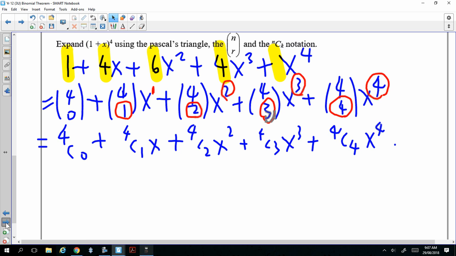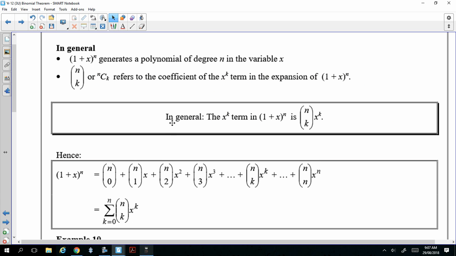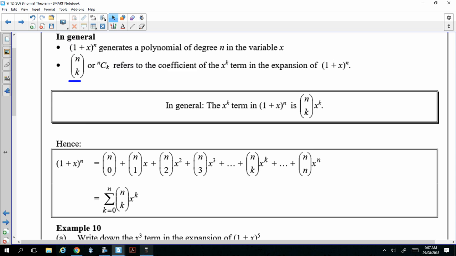Okay, in general, this generates a polynomial of degree n in the variable x. The nCk refers to the coefficients of x power k for this expansion. So in general, this refers to the x power k term. And now we'll have a general formula for any powers of n.